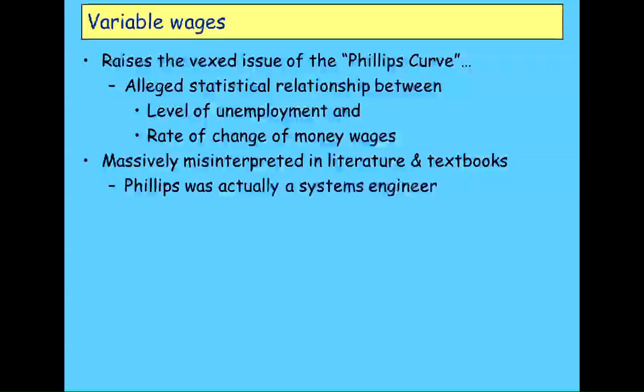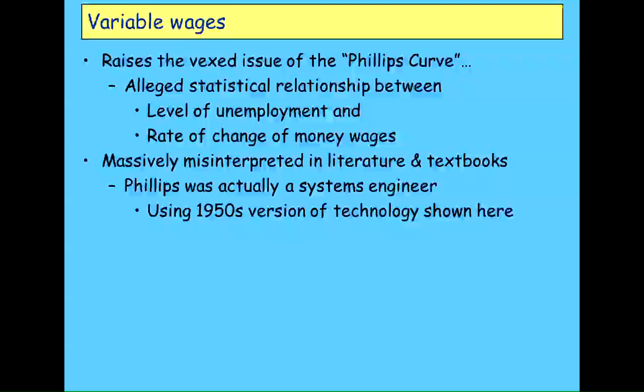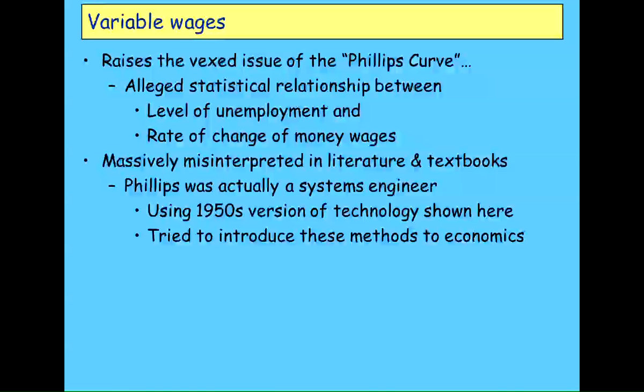Phillips, the guy who came up with the idea, was actually a systems engineer. In my opinion, one of the most remarkable people who ever lived. And what he did back in the 1950s was convert across to economics and tried to use the tools of systems engineering at the time to teach economists how to do dynamics. And a bunch of neoclassical and at the time so-called Keynesian economists didn't have a clue.